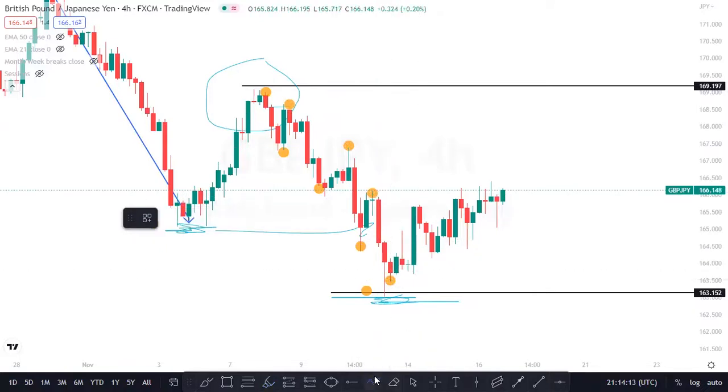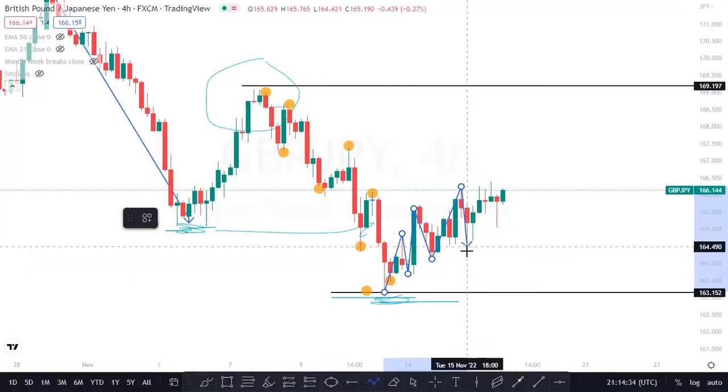So even if, let's look at the corrective move here. It started from here, and then this was our last high here, right? And it made a low here, and broke up again, made a higher high, made a lower low, which respected this one, and then made another high, made a low, which this one broke through.